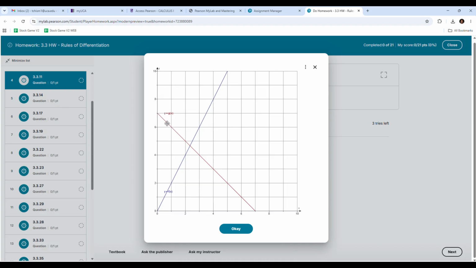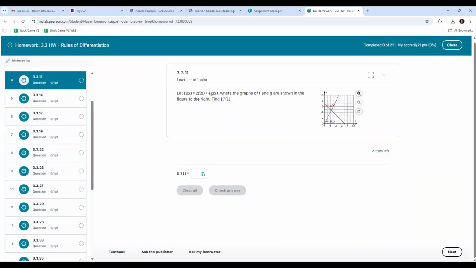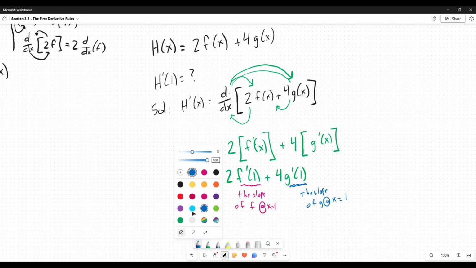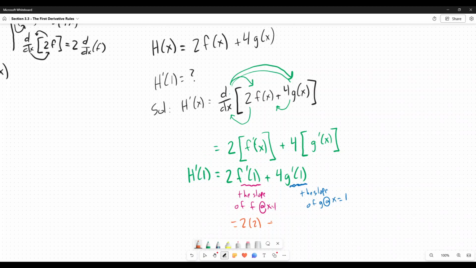The rise over run looks like g of x, excuse me, has a slope of negative 1. We go down 1 and to the right 1, versus f of x has a slope of 2, up 2 over 1. So, f prime of 1, to me, looks like 2, and g prime of 1 looks like negative 1.